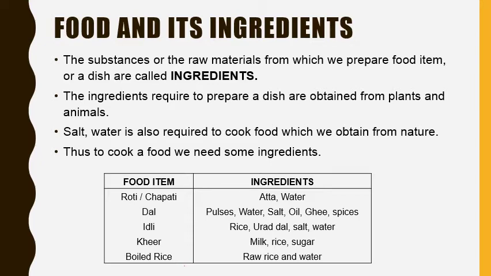We can use a variety of pulses. Idli: rice, urad dal, salt, water. To cook kheer, we need milk, rice, sugar. To boil rice, we need raw rice and water, and definitely heat is required. Obviously, for cooking food, we need heat.